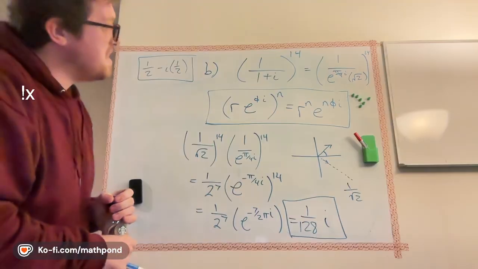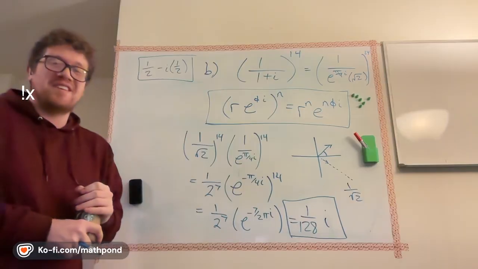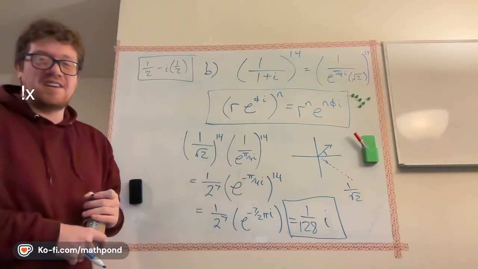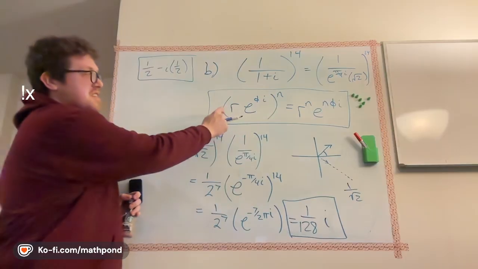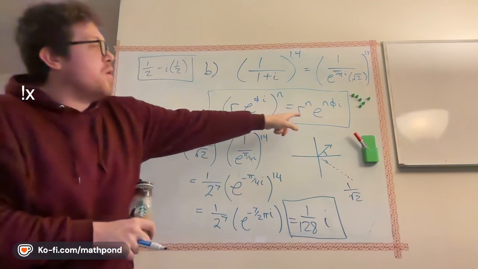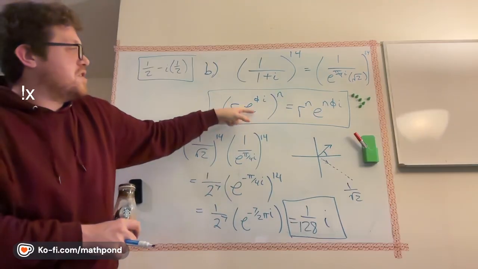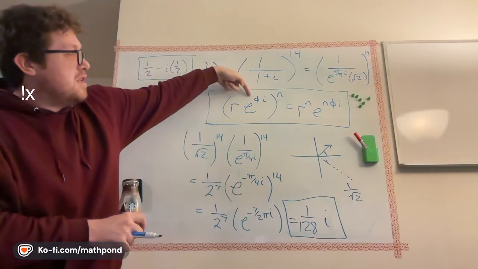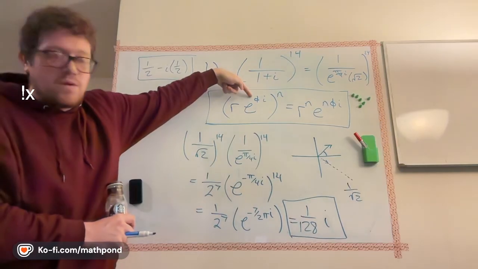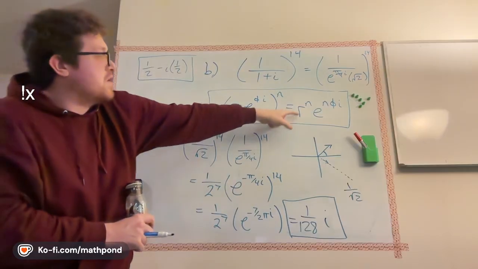Oh, yeah, you need to know Euler's formula. If you know any formula, that's the one you need to know, especially for complex analysis. You almost don't even need this formula. If you know Euler's formula, this is just obvious because you're just using your exponential rules, right? You have a power, you have a product, I can split it, it's just r to the n.